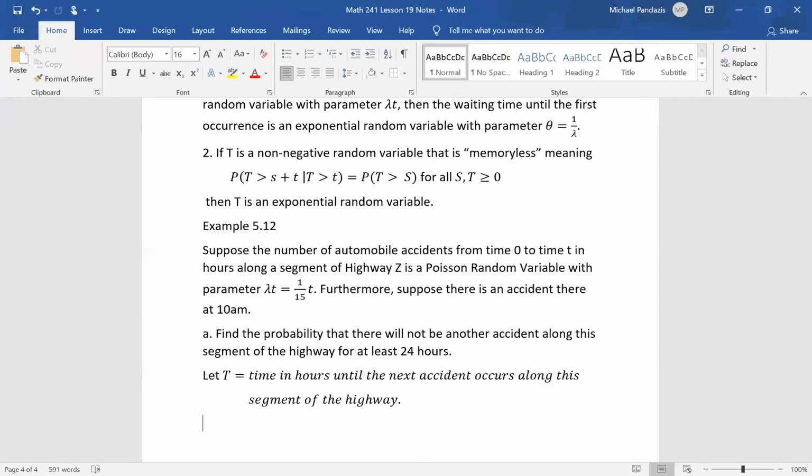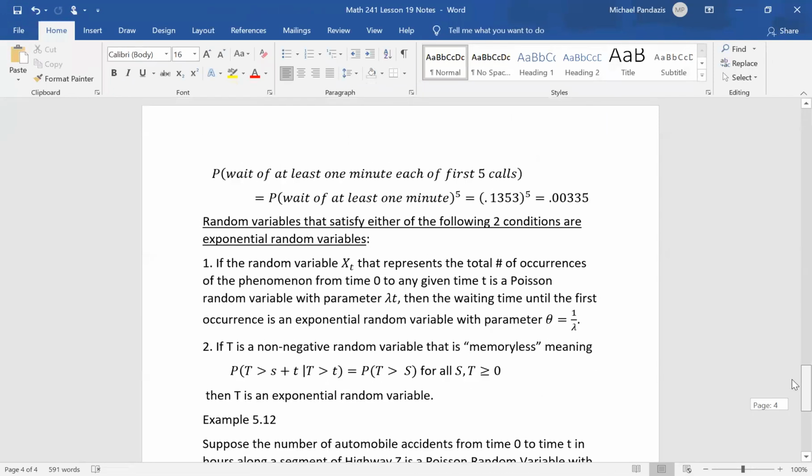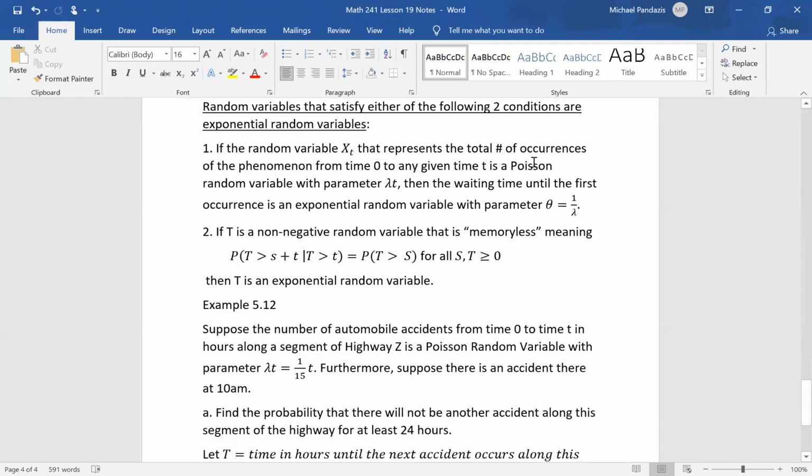Okay, so here what we have is this situation over here. If the random variable x sub t that represents the total number of occurrences of a phenomenon from time 0 to any time t is a Poisson random variable with parameter lambda t, that part is here. The number of automobile accidents is your phenomenon, right?